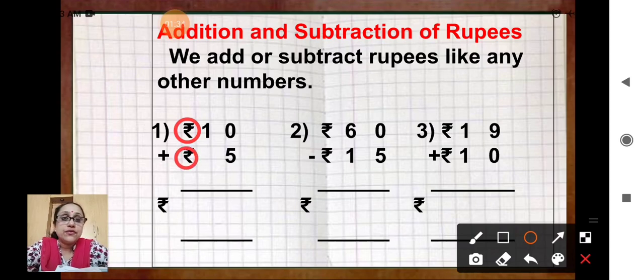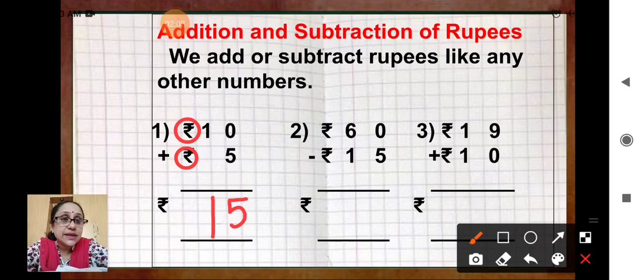Rupees 5. So we have to add rupees 10 plus rupees 5. Shall we start? 0 plus 5 is 5, and this 1 will come down. So your answer is rupees 15. Understood?